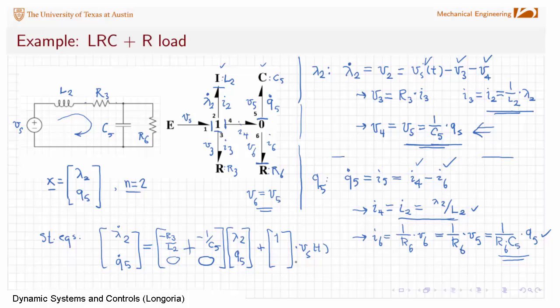Since Q dot 5 doesn't depend on Vs, this term here is a 0, right? So here's your linear state space equations, if you need to write them that way. And remember, we can only write them in terms of these matrices because they're linear. So this is a linear system. So these are what we call linear state space equations. Practice this more in other examples.